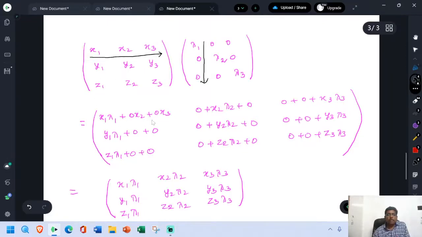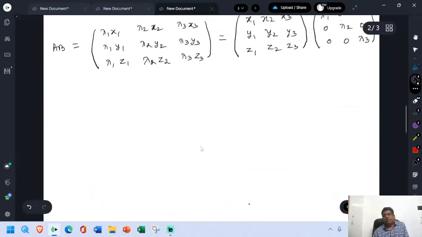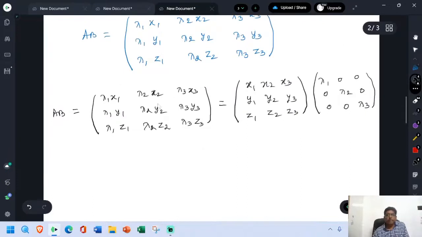In order to get the first element, x1 lambda 1 plus x2 0 plus x3 0. In order to get the second element, take this row and consider the second column. To get the third element, take this row and the third column. In this way, the multiplication is made. If you do the multiplication, you can get this same matrix.